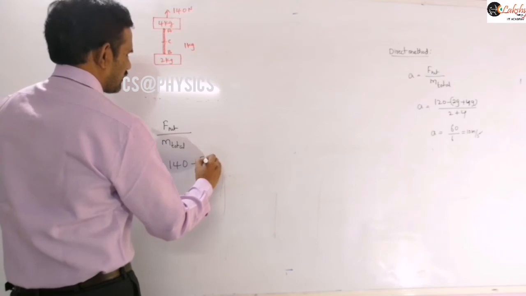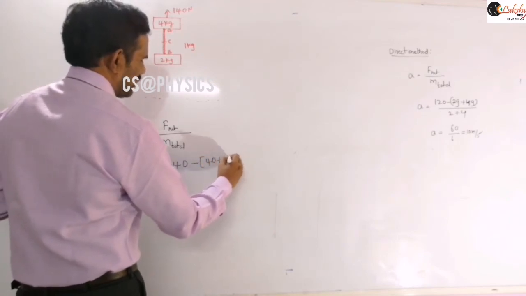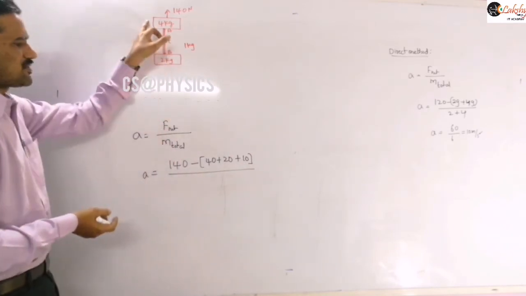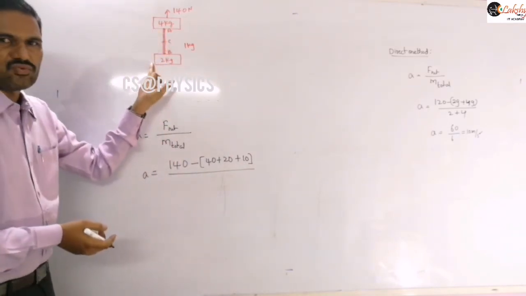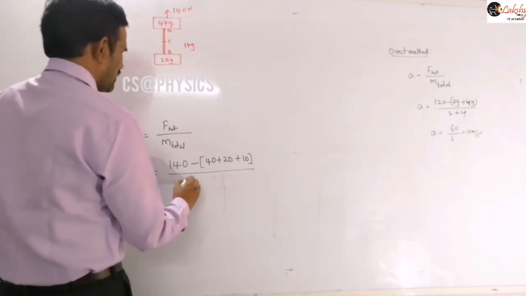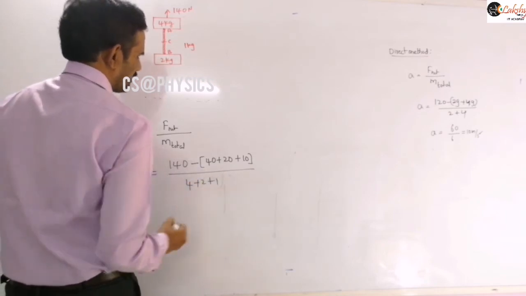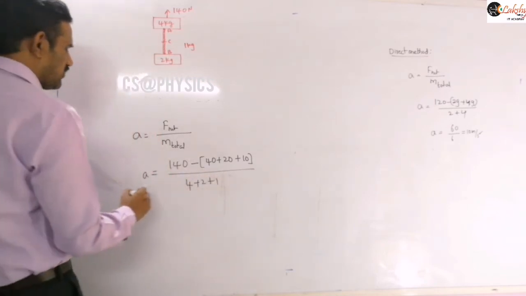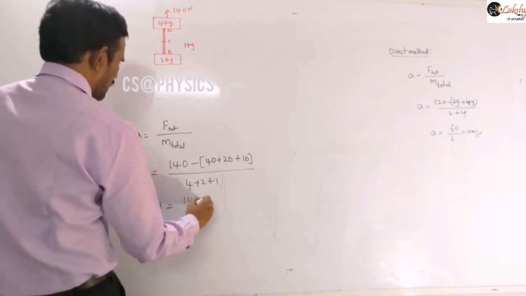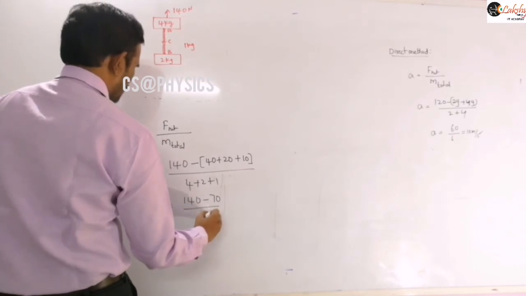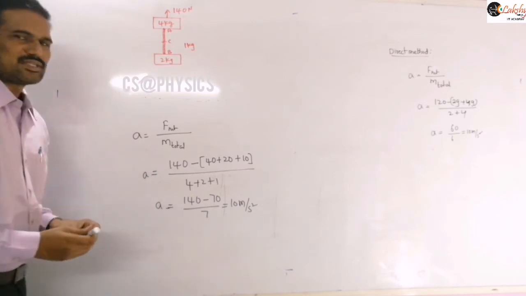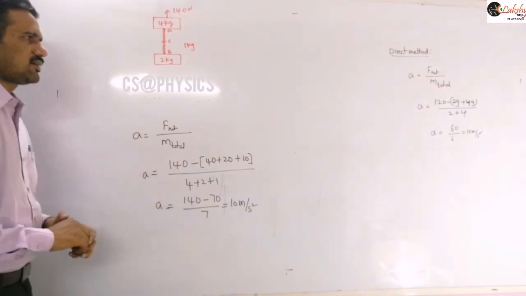So I can write this as 40 plus 20 plus 10, weight of this block 40, weight of this block 20 newtons and weight of this rope 10, by total mass in motion 4 plus 2 plus 1. Let us simplify. This acceleration will be equal to (140 minus 70) by 7. So you will get this acceleration as 10 meter per second square. It is the acceleration of that system.